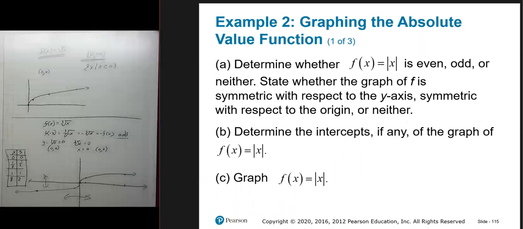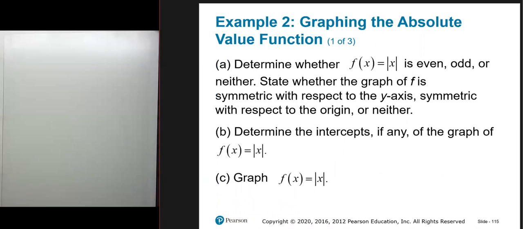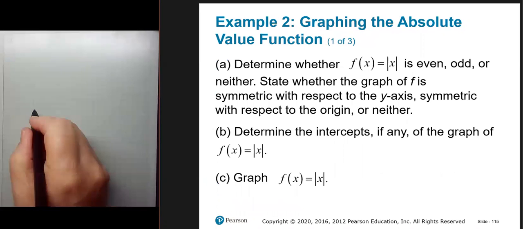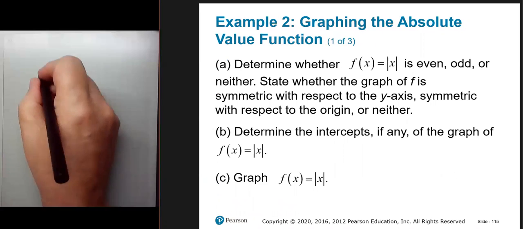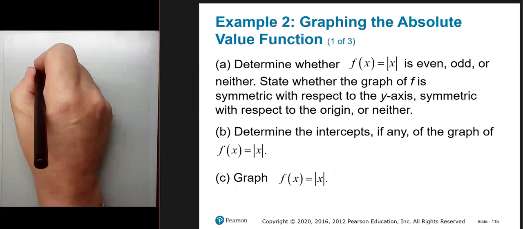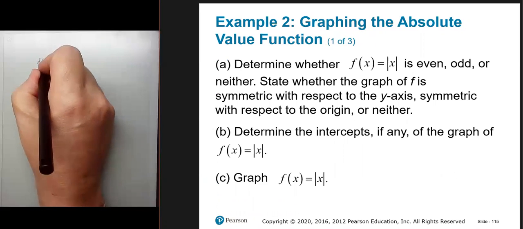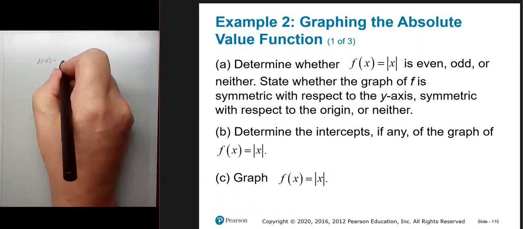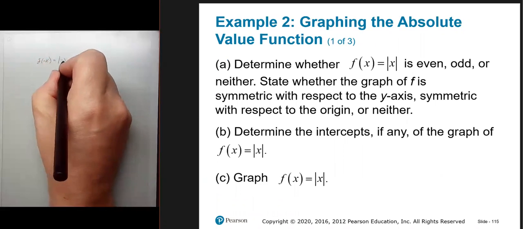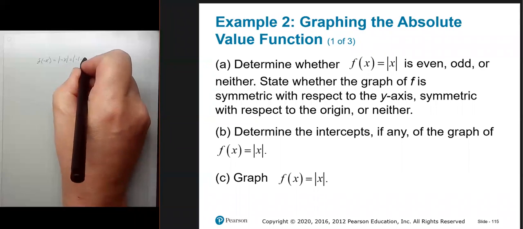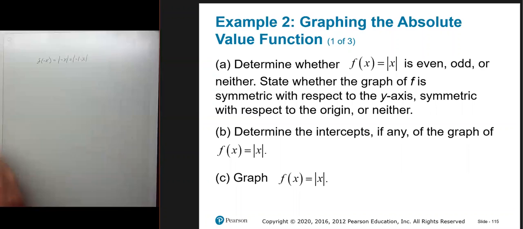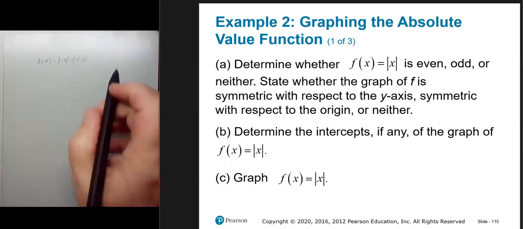Now they're going to start talking about absolute value. So is it even or odd? So we do f of negative x, which is the absolute value of negative x, which equals the absolute value of -1 times x. That way I can deal with the negative sign separate from the x.